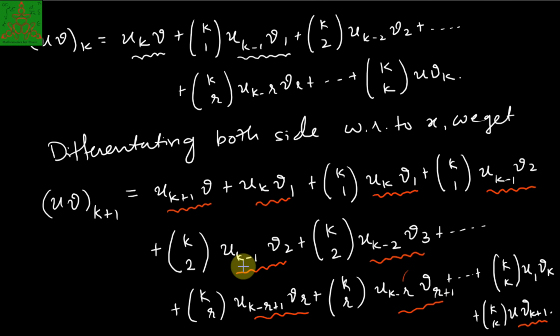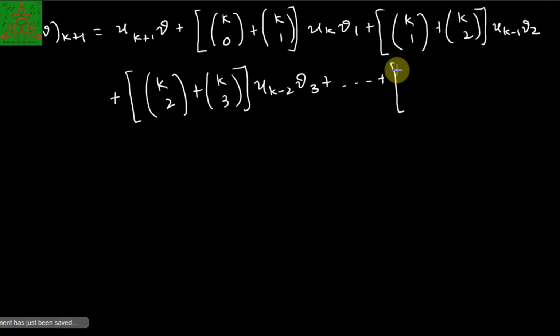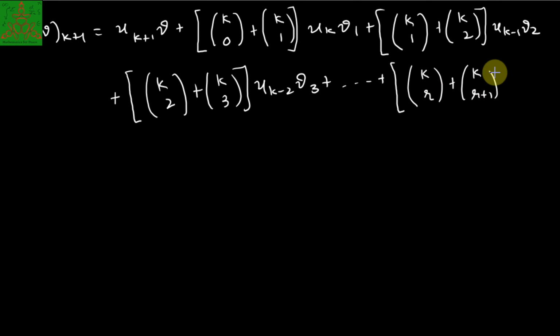Now we can write down the previous term to this, kcr, or I can write down the next term to this one, whatever term you should write. Either you can write the previous term to this term, or you can write down the next term to this one, whatever you can do. Let me write down kcr plus kcr plus 1.